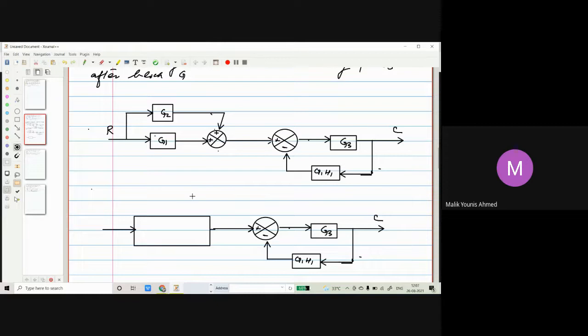Okay, I think this is correct. Okay, so this is your R, and this is your G1 plus G2. In this step heading, you can write: eliminate the summing point.